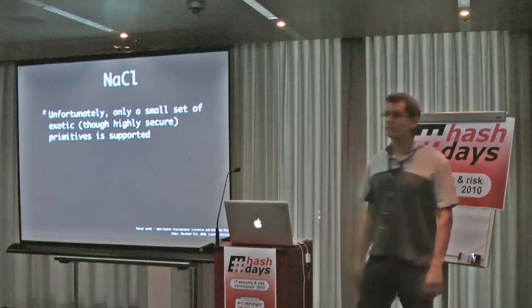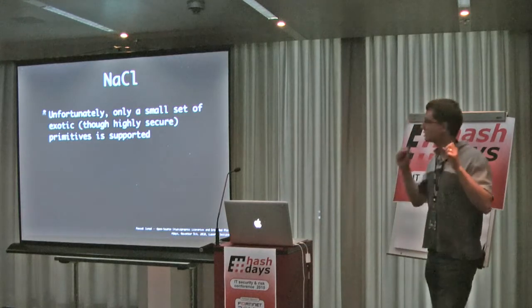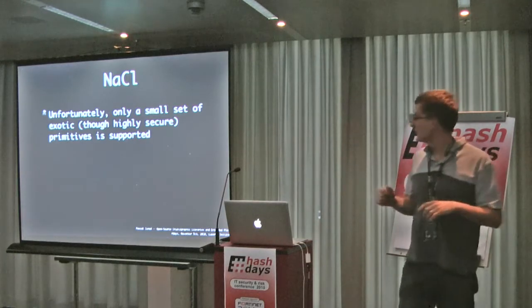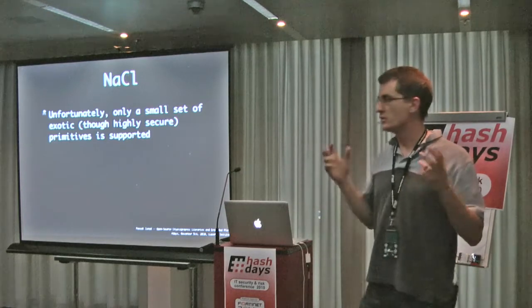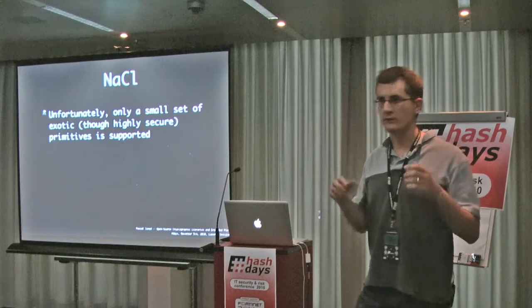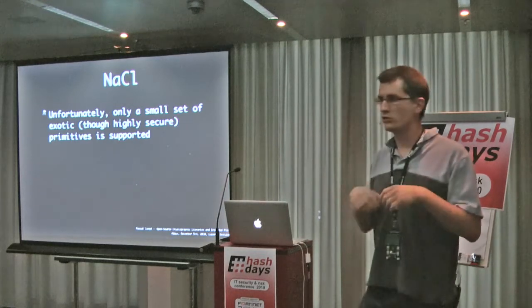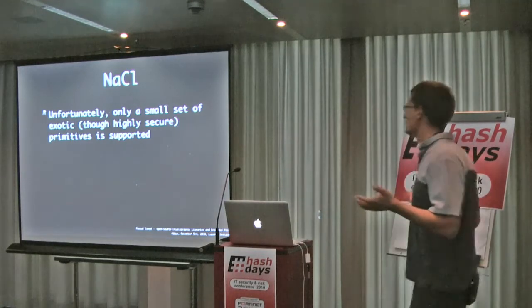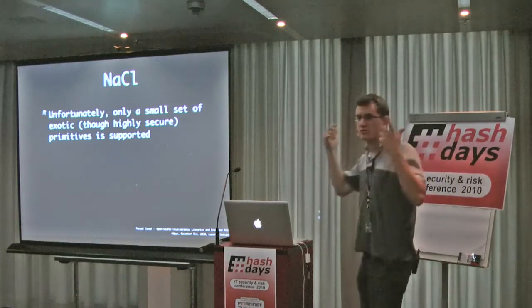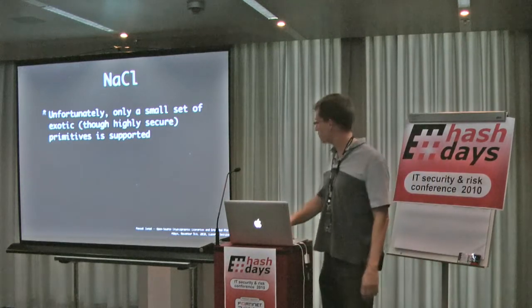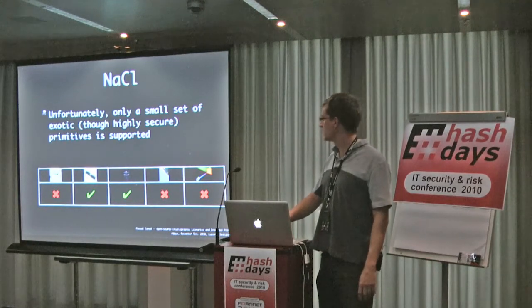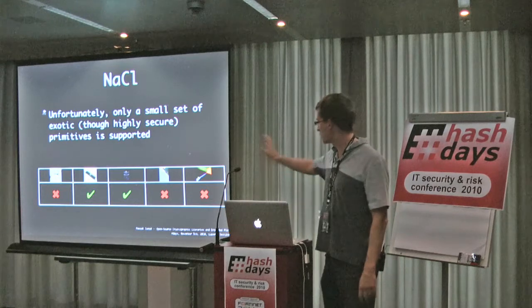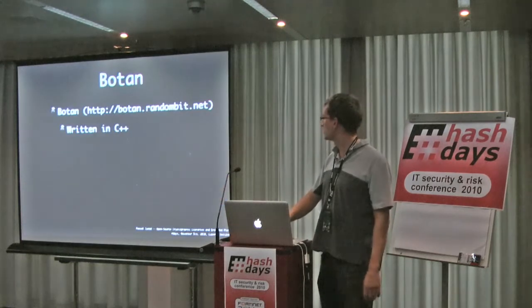Unfortunately, only a very small set of completely exotic cryptographic primitives is supported. These exotic primitives are completely secure. They are very high security primitives, but you cannot use them in any standard products because you don't have the standard algorithms. And no care is taken about timing attacks, full care against cache attacks and oracle attacks, but no care about leakage and faults.